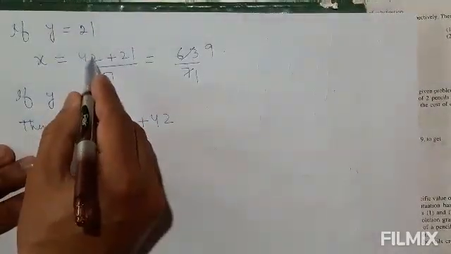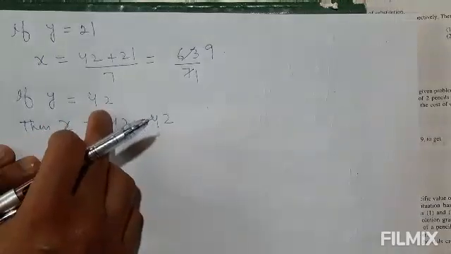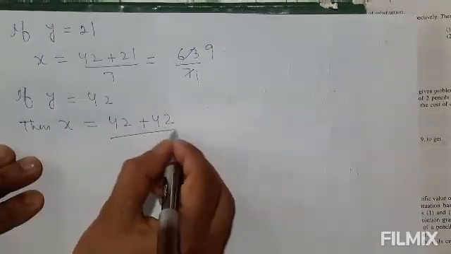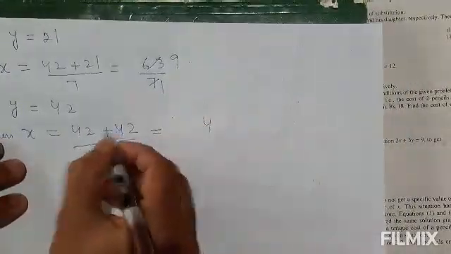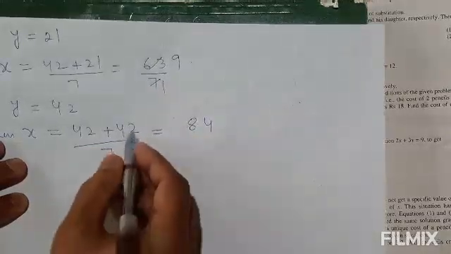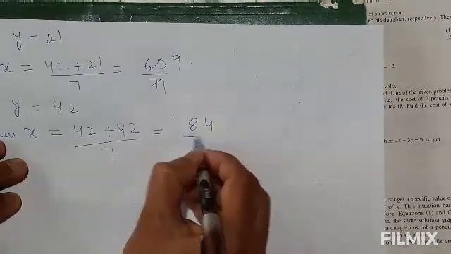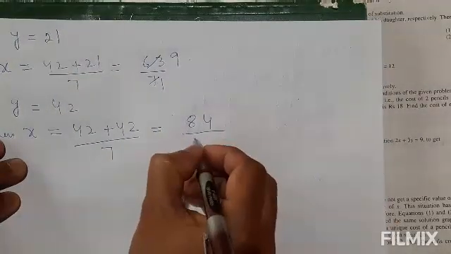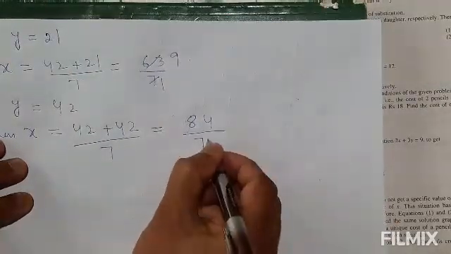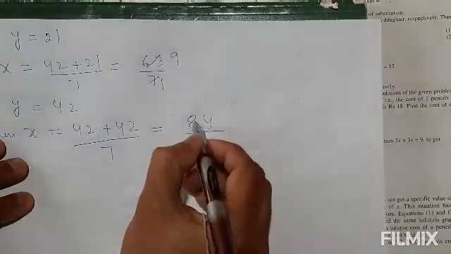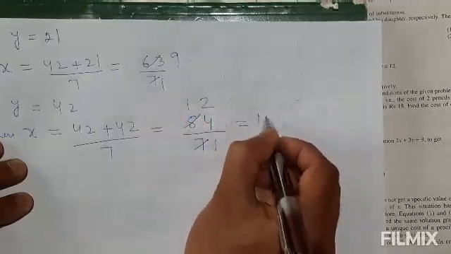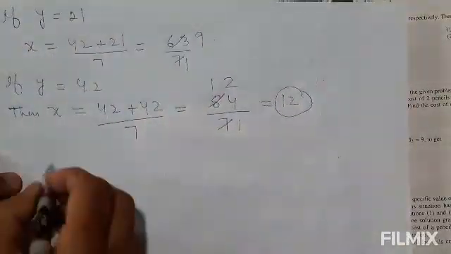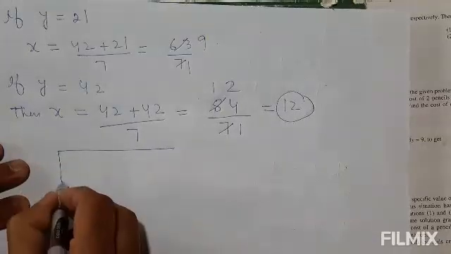So it is 42 plus 42 divided by 7, which is 84 divided by 7. Now 7 ones are 7, and 7 twos are 14, so the value of x is 12. From the above steps, we have the following table.